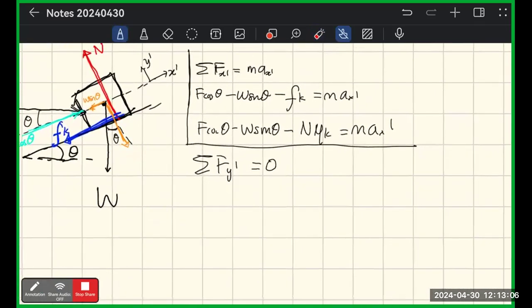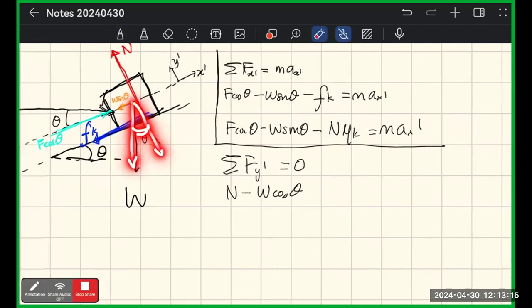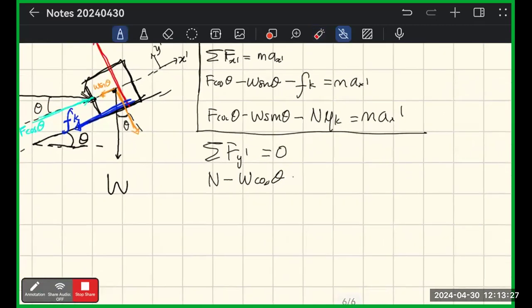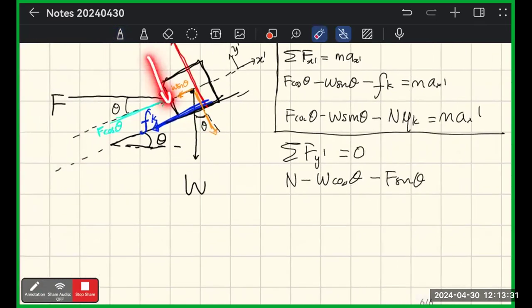It's going to be N minus W cos theta. Why? Because W here, the theta is here, so it's W cos theta. And don't forget that we have F here. So we project this into this direction, which is sine theta, right? This is the theta. Minus F sine theta. Why is it minus? Because it's going downward here.